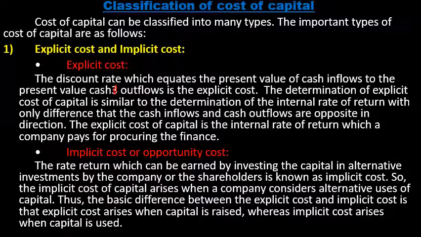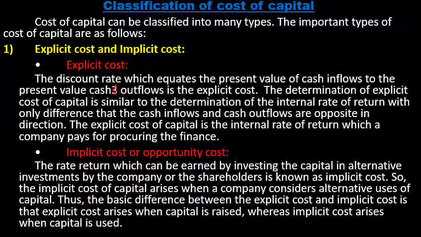The implicit cost of capital arises when a company considers alternative uses of capital. The basic difference between implicit cost and explicit cost is that explicit cost arises when the capital is raised, meaning whenever you borrow the fund, and implicit cost is applicable whenever the capital is used.